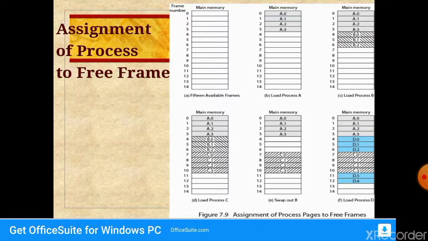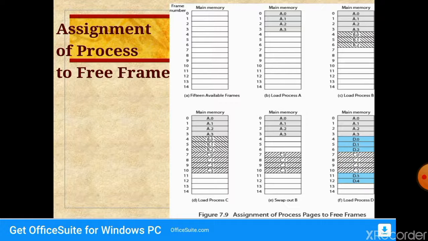Now a second process, B, which occupies 3 pages in virtual memory, is loaded into main memory in frames 4, 5 and 6. Like this, any number of processes mapped to pages in virtual memory can be loaded into the frames in main memory.